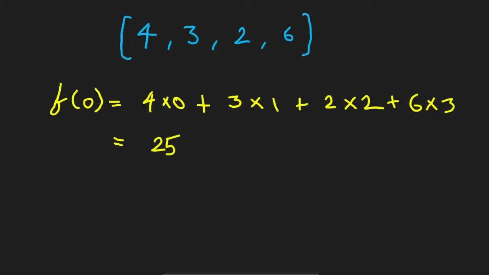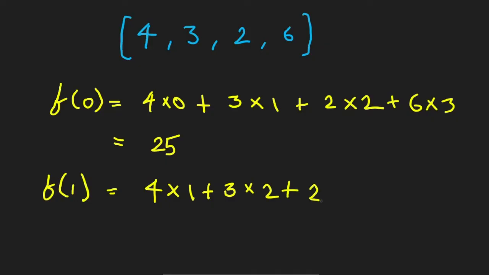Now for f of 1, what happens is this increases by 1, this increases by 1, this increases by 1, and this one becomes 0. How did that happen?